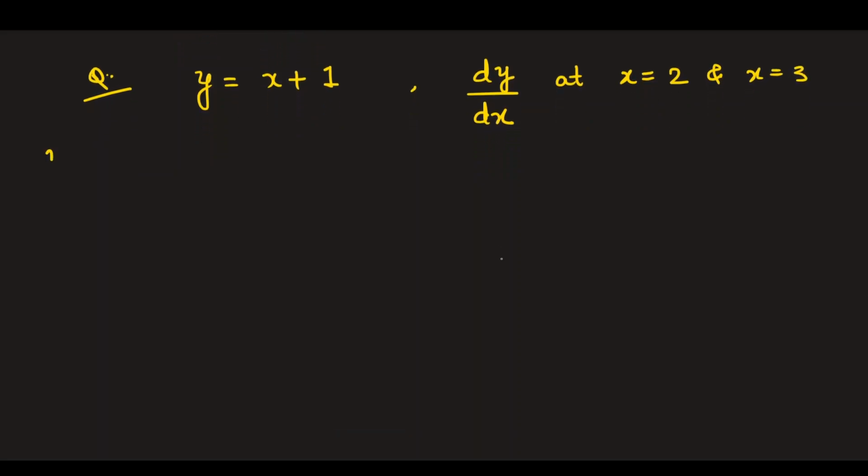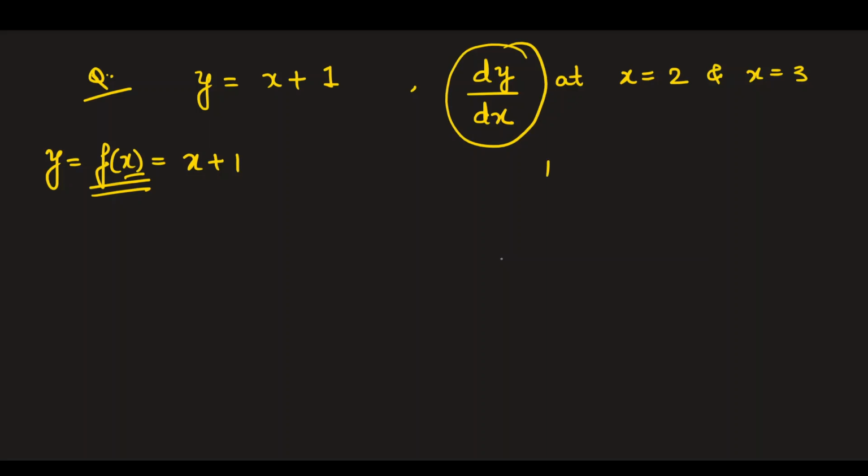We have y equal to f of x equal to x plus 1. This means that y is a function of x, and dy by dx means the rate of change of y with respect to x.